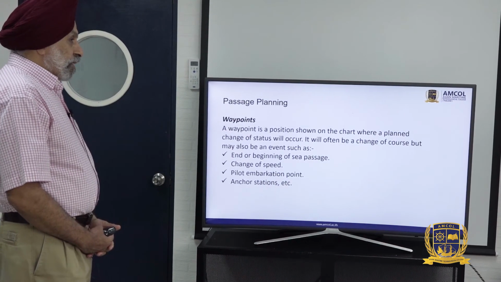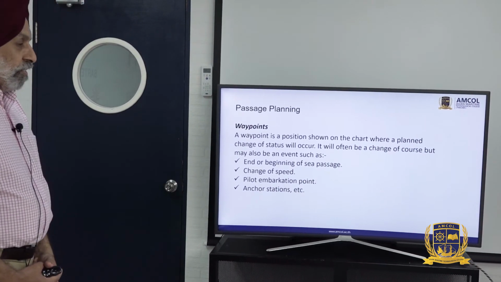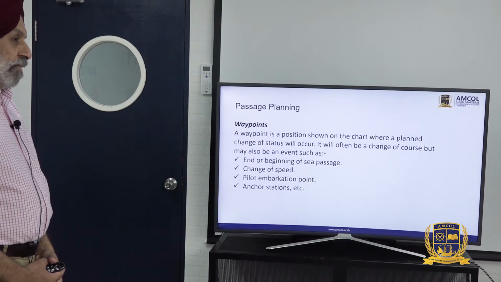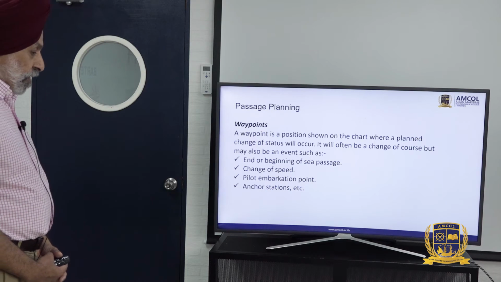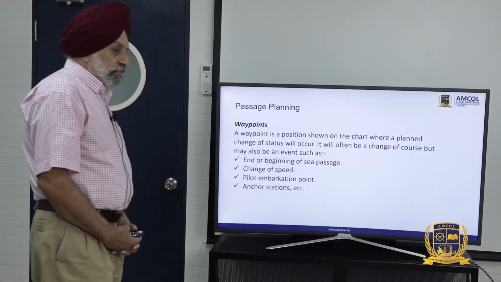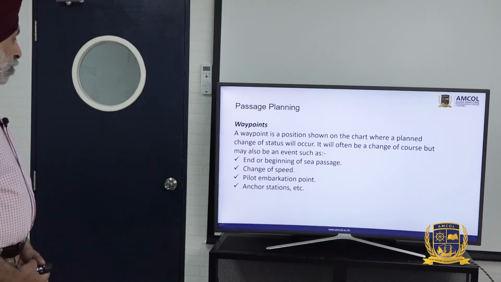In the passage plan, you will also have to calculate the speed or the ETA to the next waypoint. So a waypoint is nothing but the point at which the course alteration has to happen, but it's a very important aspect of the passage plan.